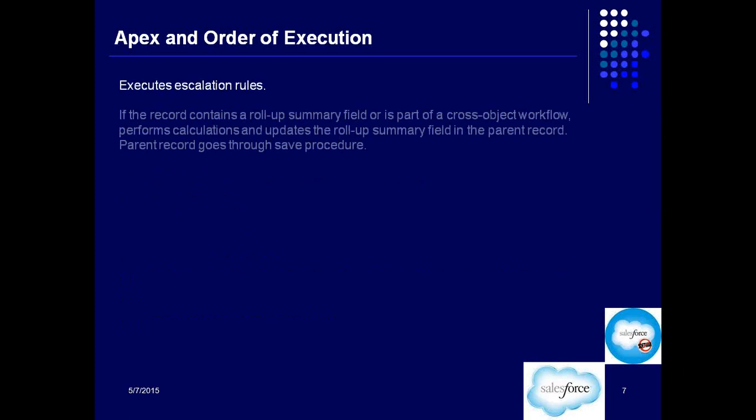Then if the record contains any roll-up summary field, those fields will get updated. Or if the parent of the record which is getting inserted, let's say you're trying to insert an opportunity and you have a roll-up summary on the parent object account, then the parent record will get updated and the entire save procedure will happen for the parent record.